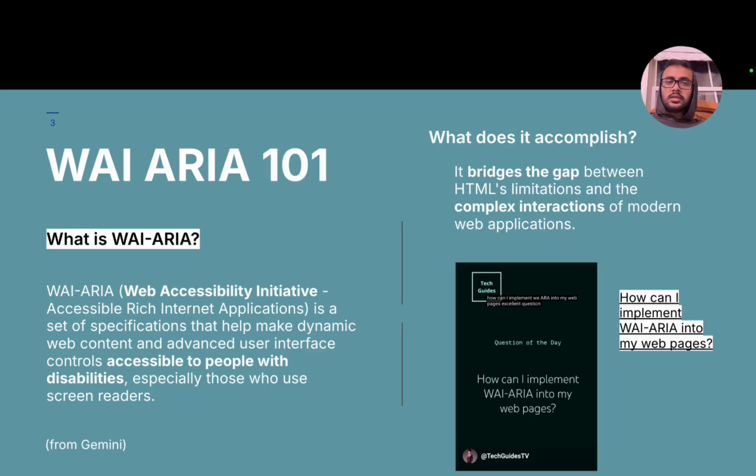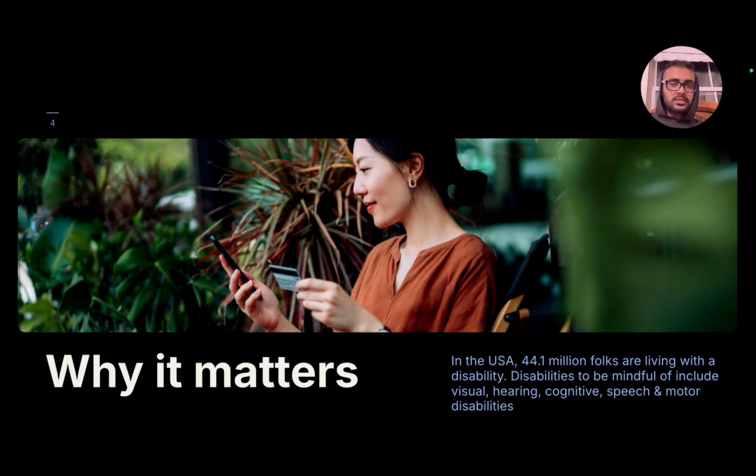And yeah, now that you know sort of what it is, let's talk about why it matters. So in the USA, 44.1 million folks are living with a disability. So disabilities to be mindful of include visual, hearing, cognitive, speech, and motor disabilities. So a person can have more than one disability.